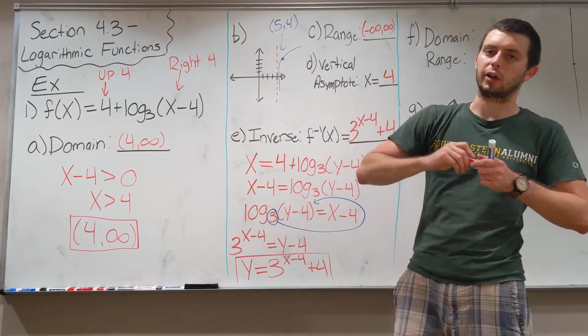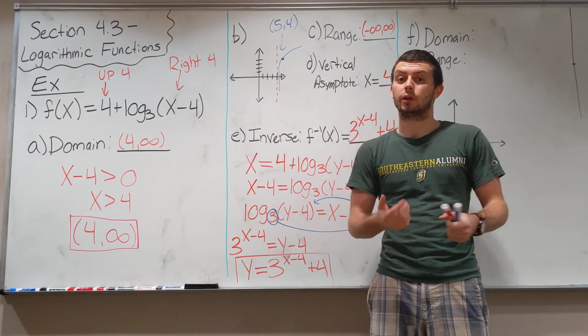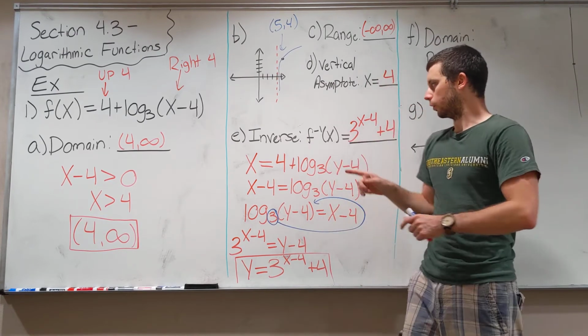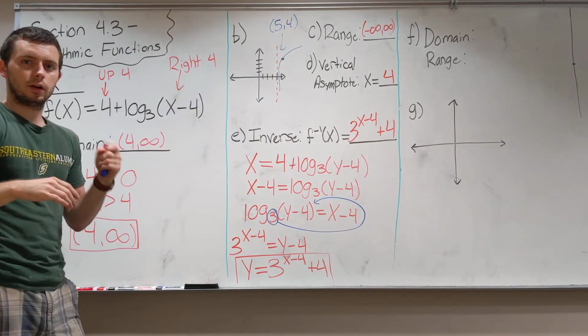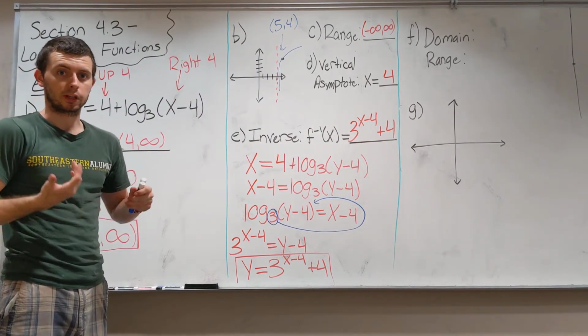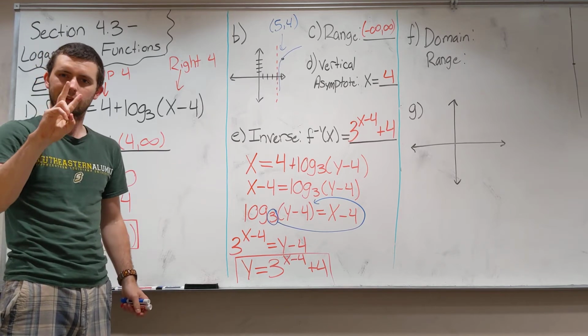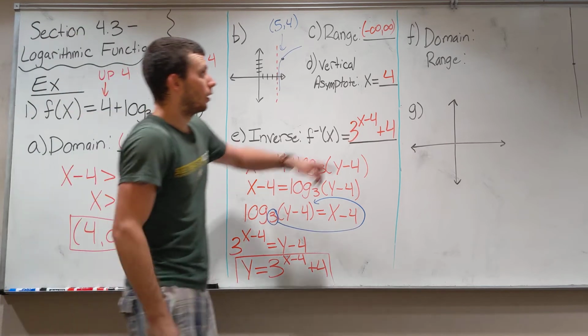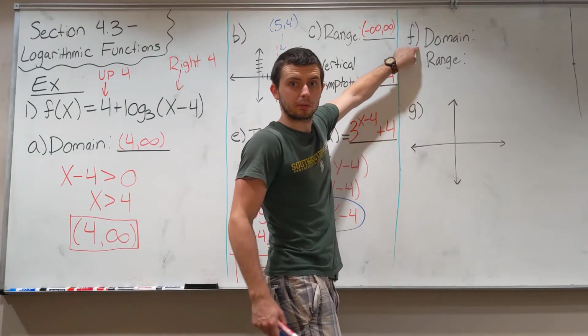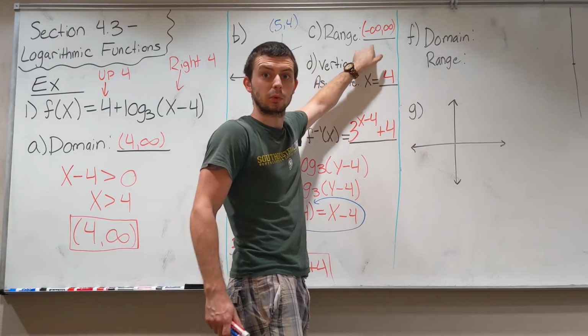And again, why is it so important to know the inverse? Well, once you know that these two are inverses, then you get the domain and the range for free. It's just everything's swapped. Everything we've looked at is swapped. So the domain of the inverse is the range of the original.